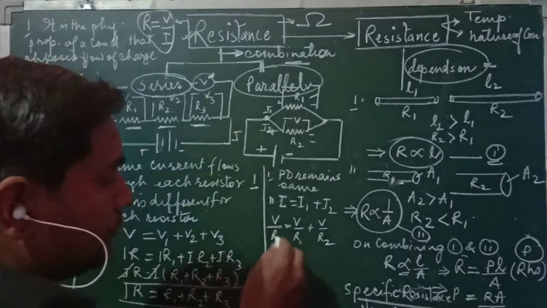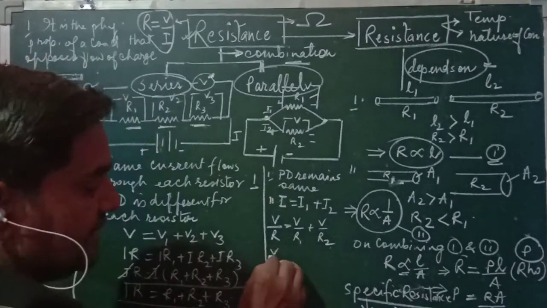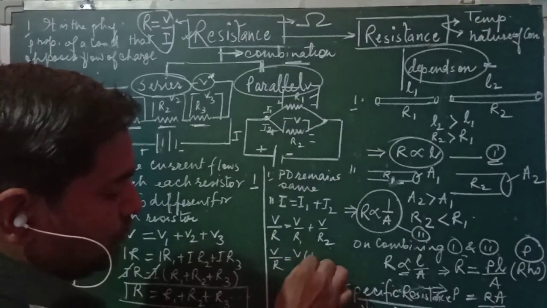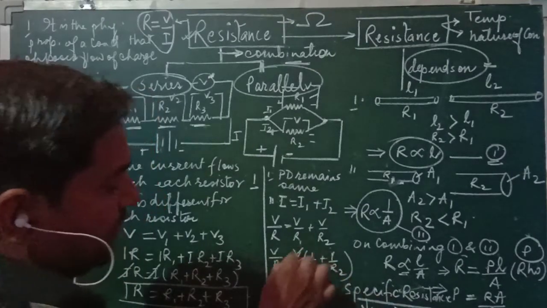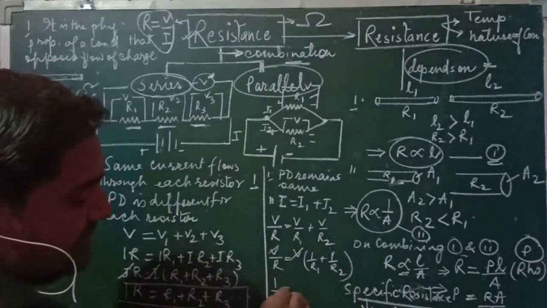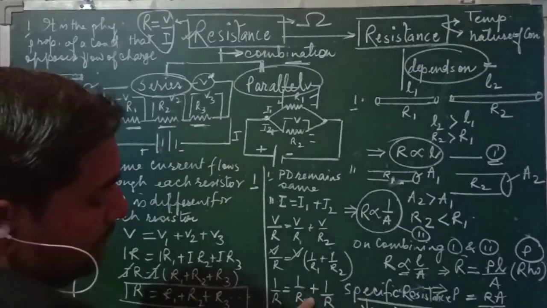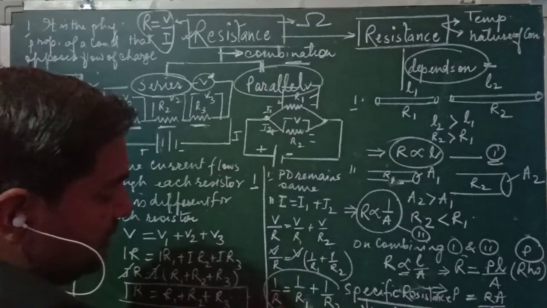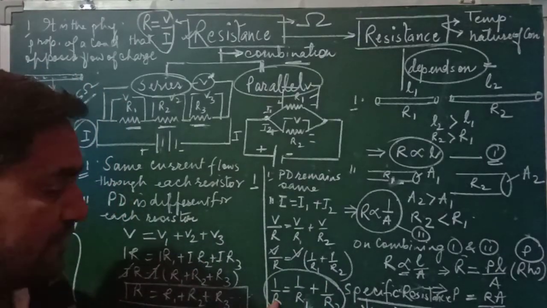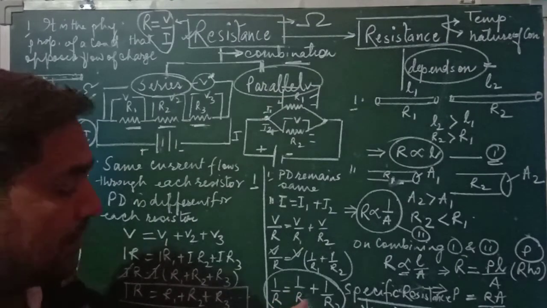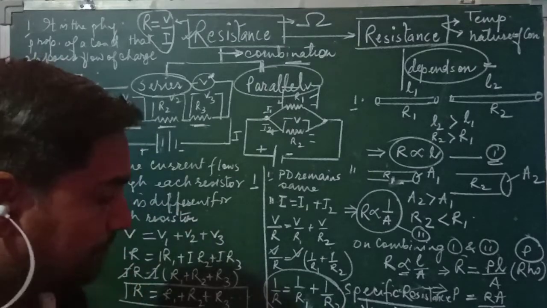Okay, students. So V by R equals V by R1 plus V by R2. V is taken as common, so it will be 1 by R1 plus 1 by R2. So in the parallel combination, the reciprocal of the net resistance is equal to the sum of the reciprocals of each resistance.